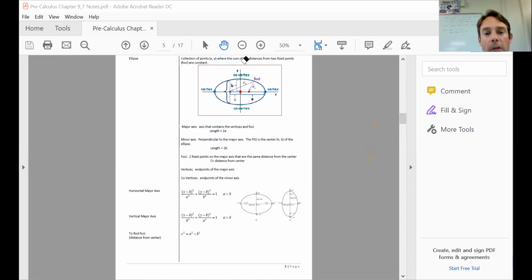So, turns out it's going to have an equation very similar to our circle. If you remember, the circle was x minus h squared plus y minus k squared equals r squared. So what an ellipse basically does is it says, whatever that r squared was, let's divide by it.